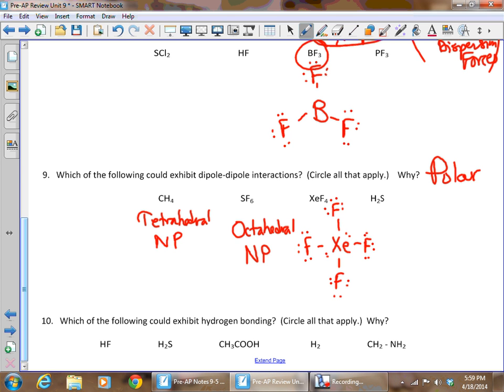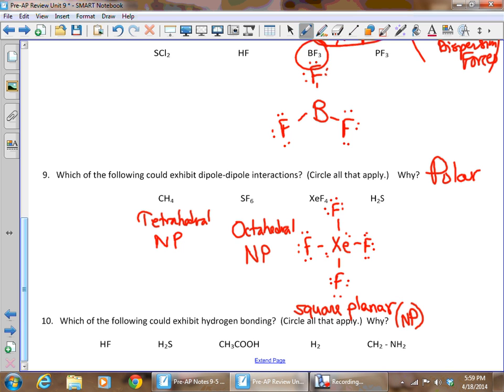But remember, when we look at what the structure actually looks like, this one ends up being square planar. And it's very symmetrical and balanced. And so it ends up being an exception to the rule. And this one is also nonpolar.